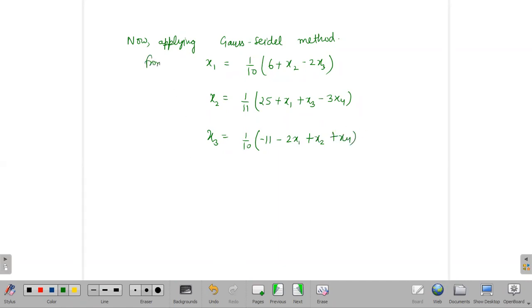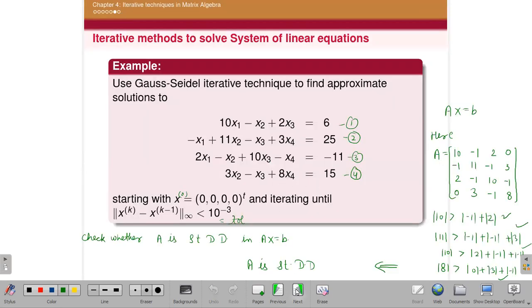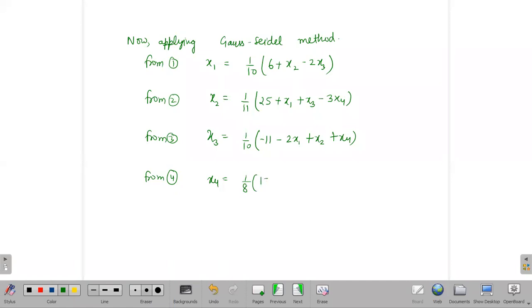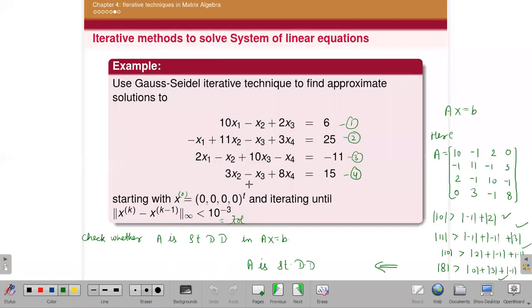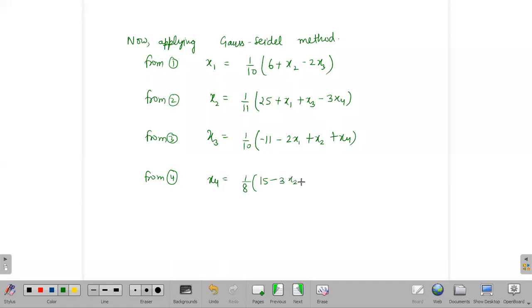So this is from equation 1, this is from 2, from 3, and then from the fourth, x4 is 1 by 8 times (15 minus 3x2 plus x3). So now we are using the Gauss-Seidel method.